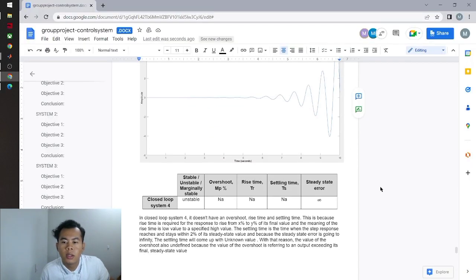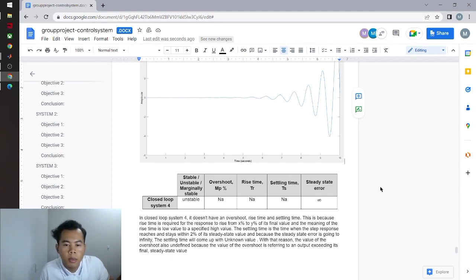Okay, we can see the closed loop system 4 is unstable. It is because it has an overshoot, rise time, and settling time. The rise time is required for the response to rise from x% to y% of its final value, meaning from a low value to a specific high value.